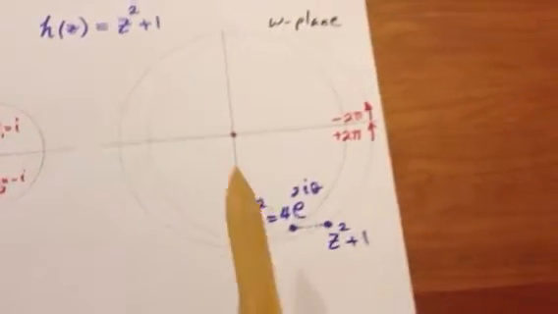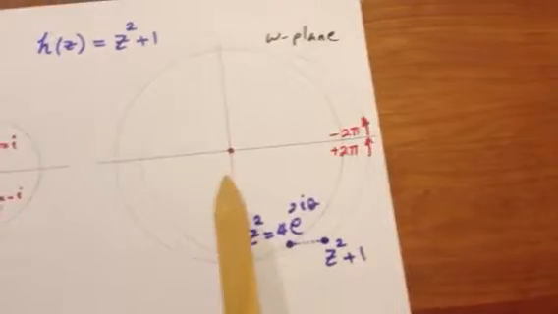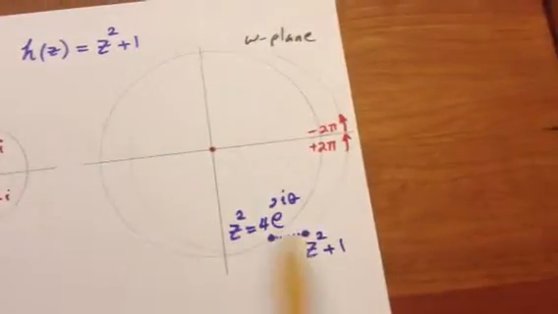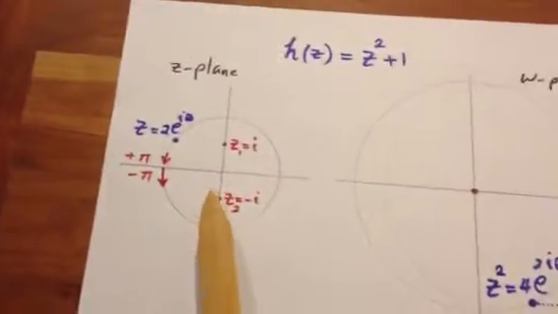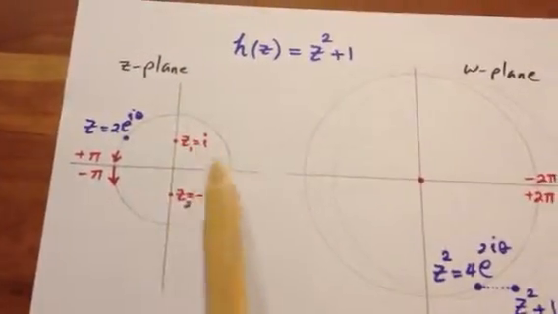On the other hand, if it happens that the image winds around the origin so many times, there are the same number of zeros within that big circle.